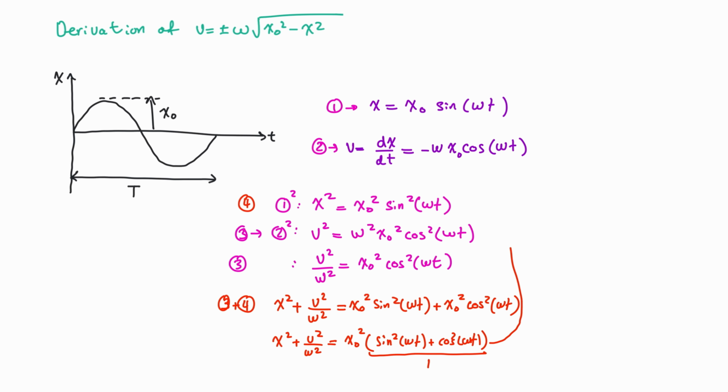So I'll continue this over here. And now I have position squared plus speed squared over angular speed squared is equal to the amplitude squared.